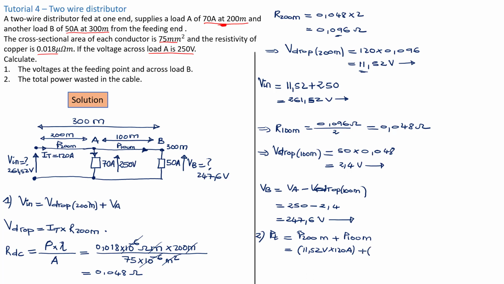Plus the power through the 100 meter section, so that is 2.4 volt times the current on that section, which is 50 amps.